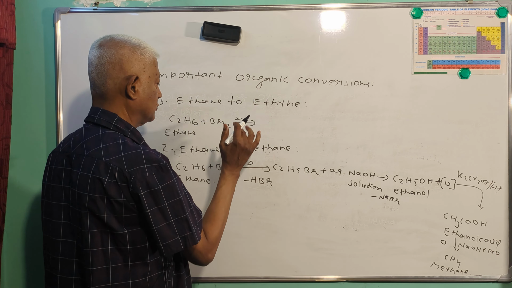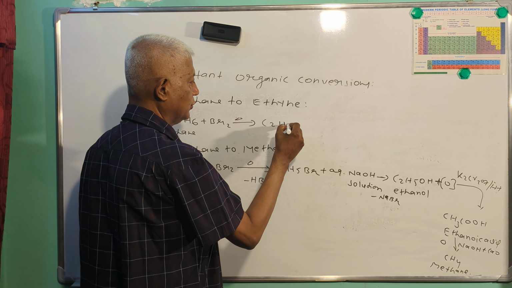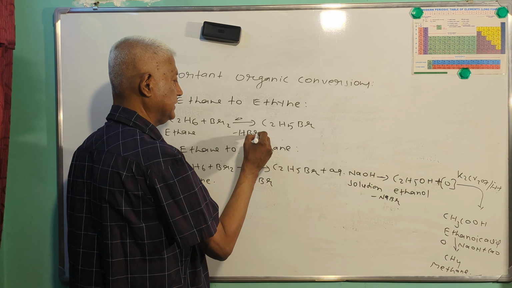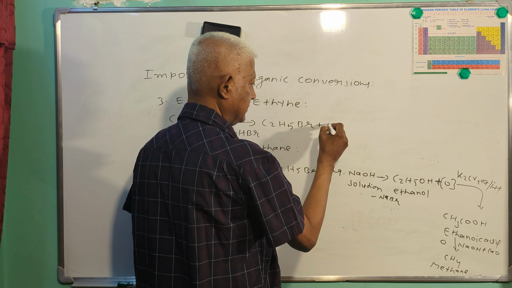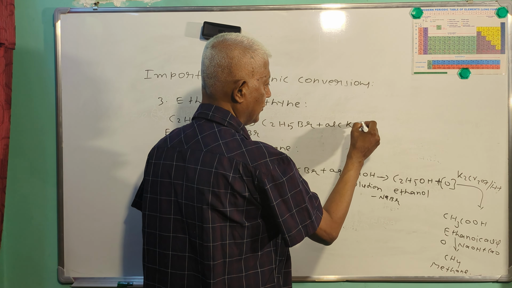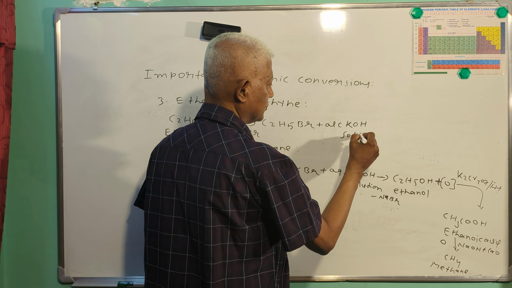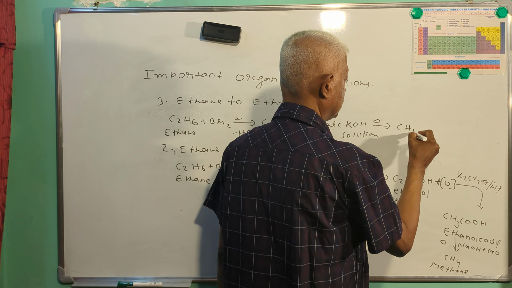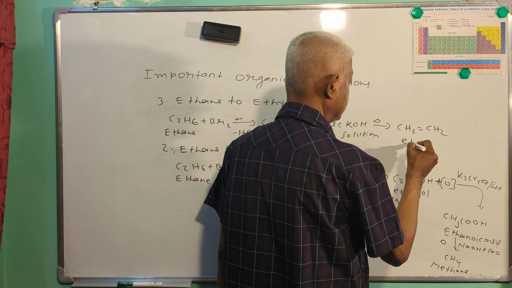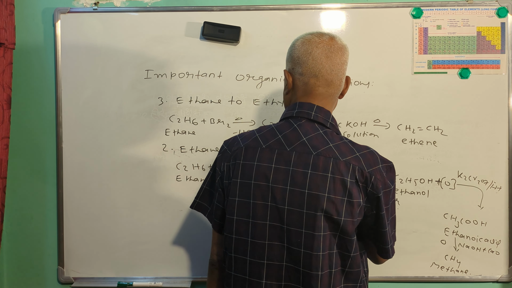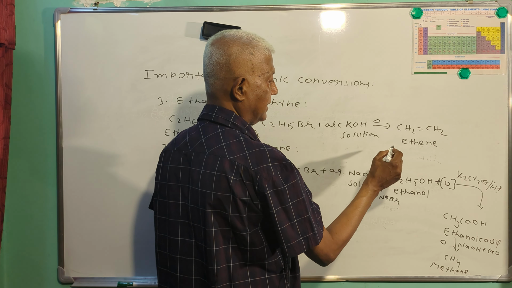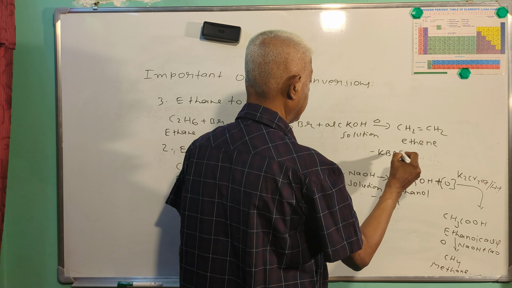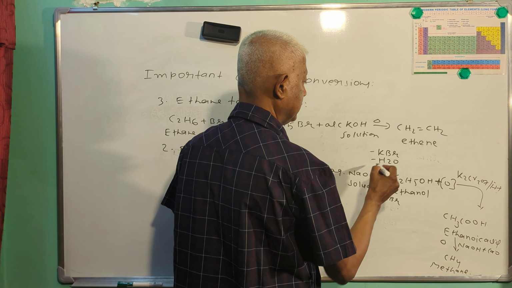When heated, we get C2H5Br, and the side product is HBr. When that is treated with alcoholic KOH solution and heated, we get CH2=CH2, that is ethene, a double bond, and the side products are KBr and H2O.